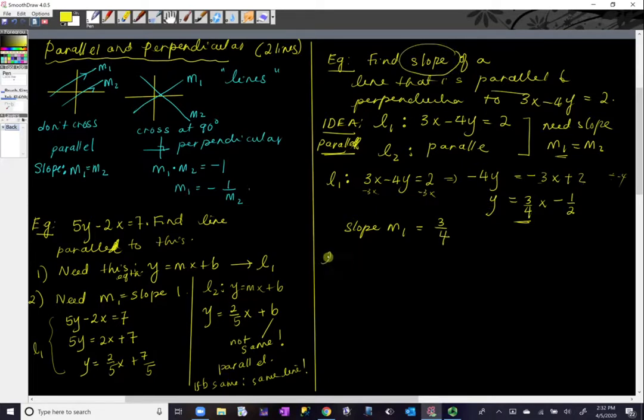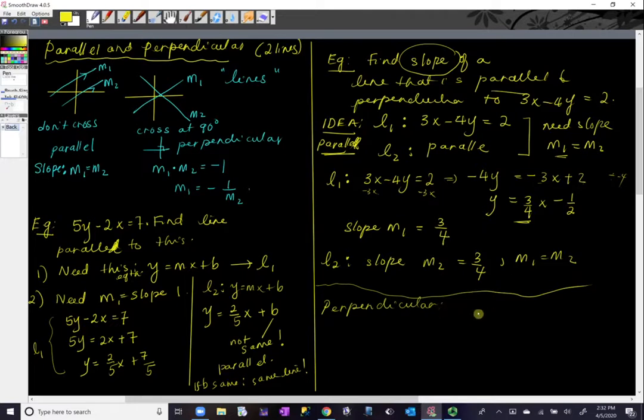So for line 2, what is my slope? Your guess is also 3 over 4, because m1 equals m2. But now what happens if I want the perpendicular slope?